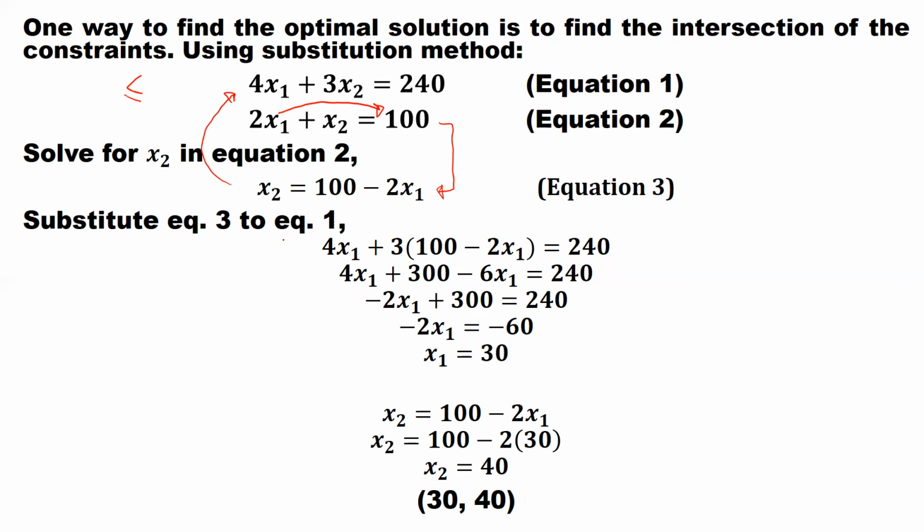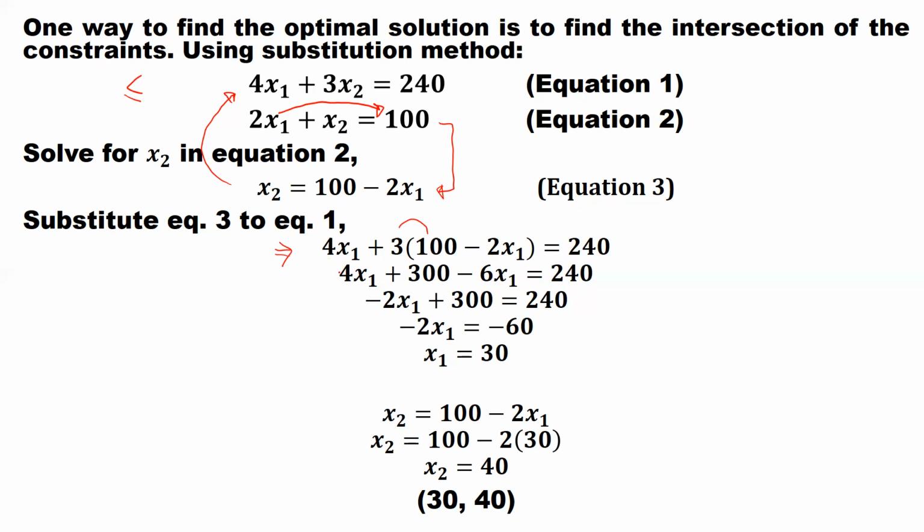So we have here 4x sub 1 plus 3 times the quantity of x sub 2, now replaced by 100 minus 2x sub 1, which is equal to 240. So this is 4x sub 1 plus 3 times 100, that's 300. And 3 times negative 2x sub 1, that's negative 6x sub 1, equals 240.